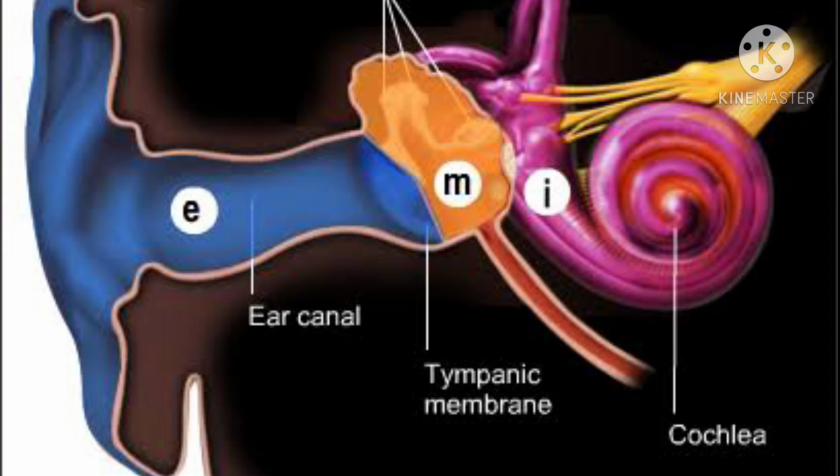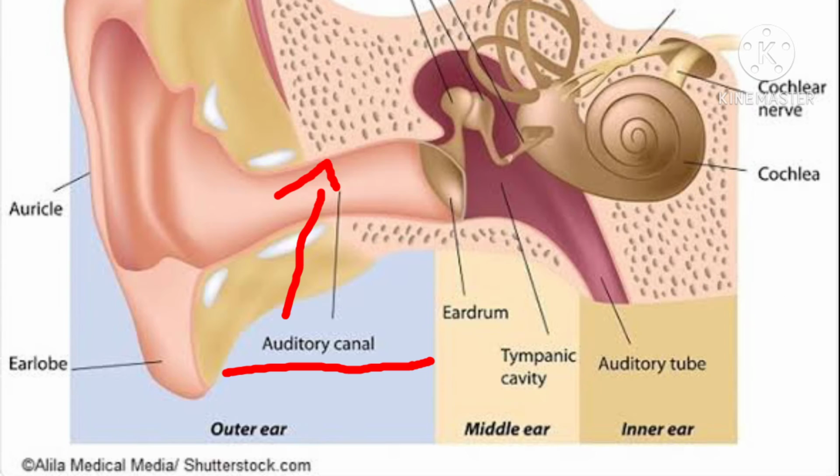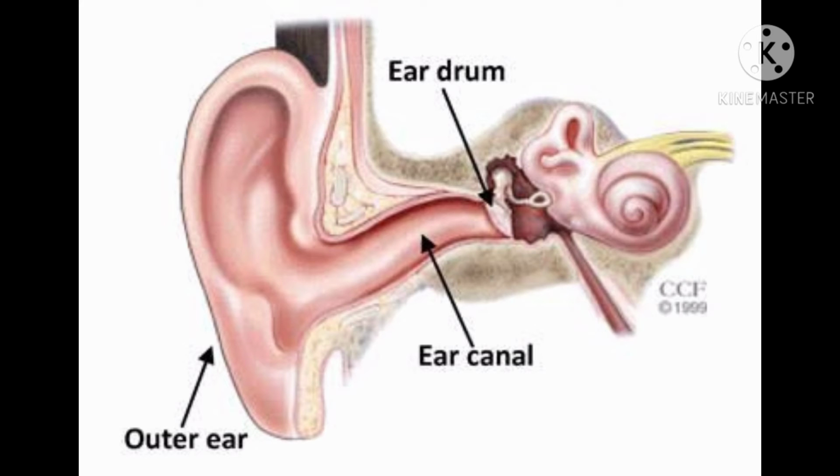When sound enters the cochlea, the liquid in the cochlea begins to vibrate. Then the sound goes to the auditory nerve. The auditory nerve goes to a certain part of the brain, and then the brain lets you know what you are hearing. The third part of the sense organs is the tongue.